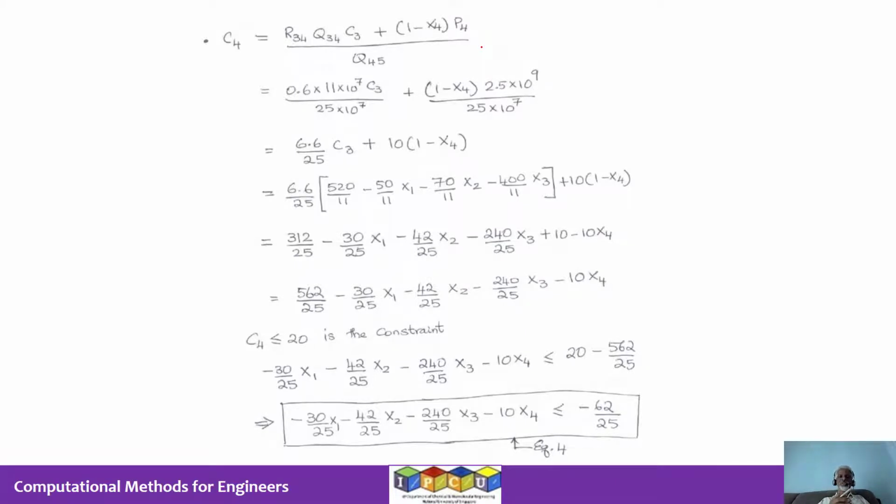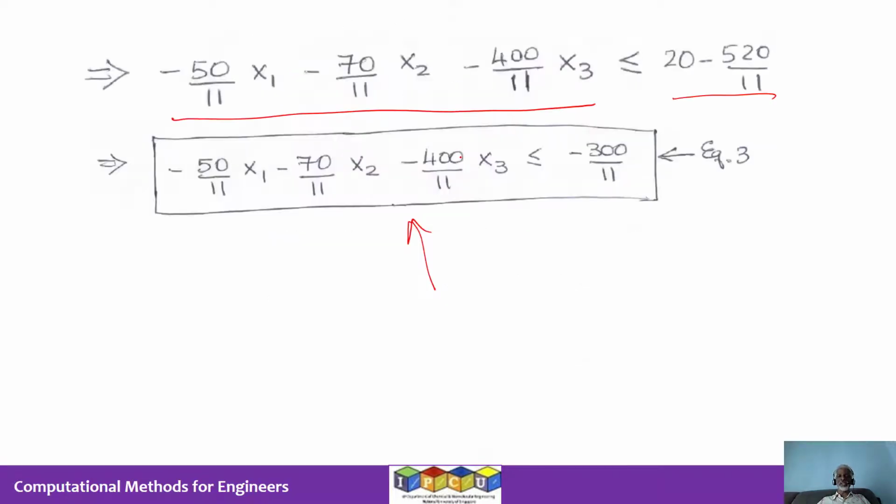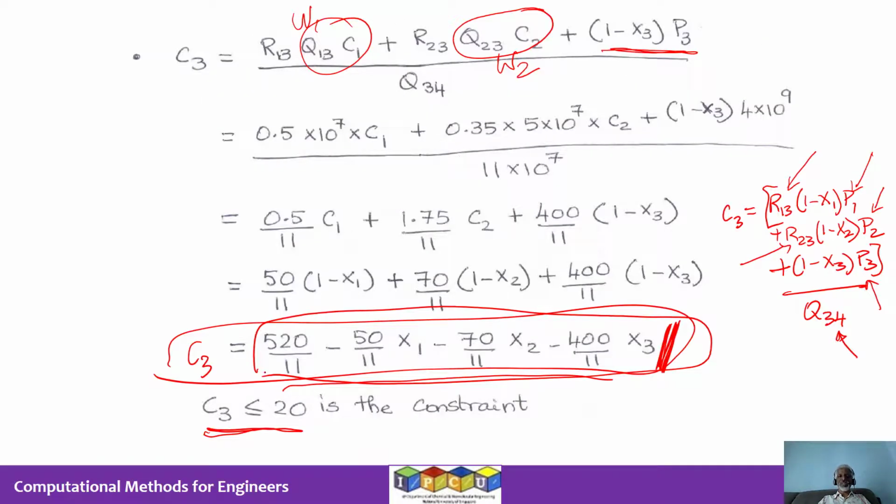So the expression for C4 we acknowledged earlier was R34 Q34 C3 plus 1 minus x4 times p4 divided by q45. So if you substitute the values for p4, q45, r34 and q34, you will get this expression. Now we know from our previous calculation that C3 equals this.